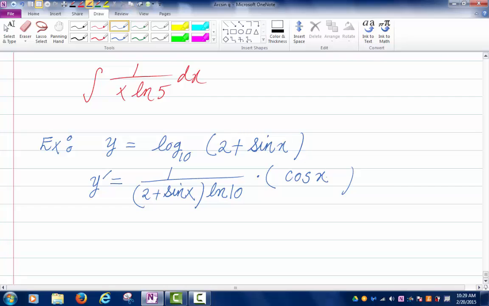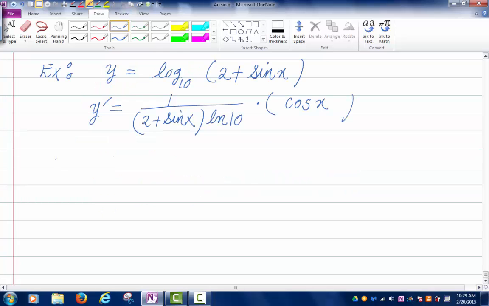Alright, I'm going to redo this problem a little bit differently. Again, not to confuse you, but to show you also all the other valid ways. This is how I'm not going to remember the formula. So I have a memory loss. I don't remember the derivative formula for log base 10. But you always have to remember one thing. Log base 10 of 2 plus sine x.